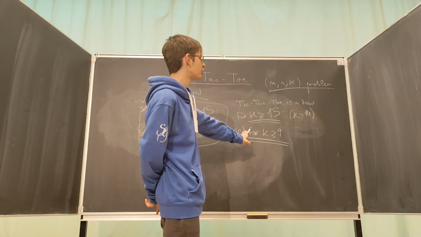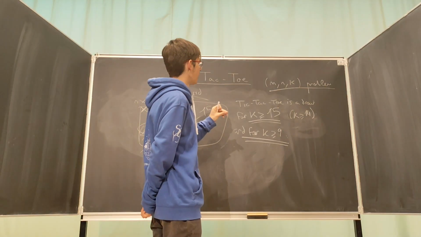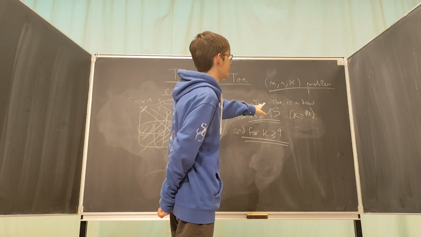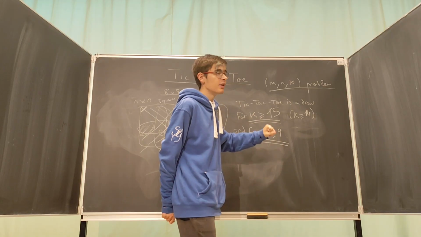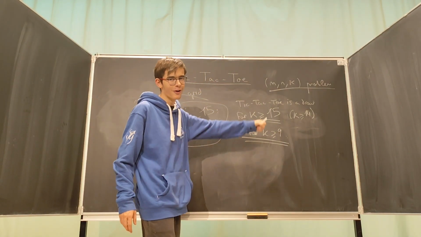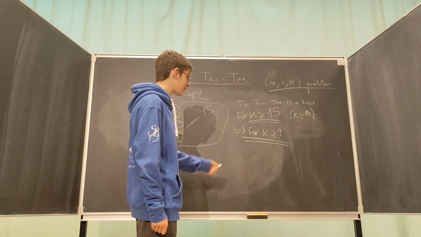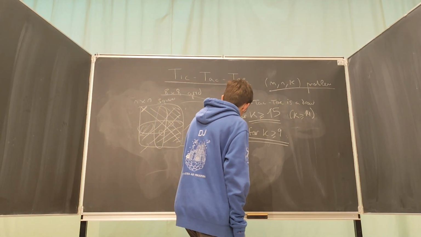But this is not actually the very best bound that we have obtained on this problem of finding the minimum k such that tic-tac-toe is a draw. Because actually this has been shown also for k equals 8.